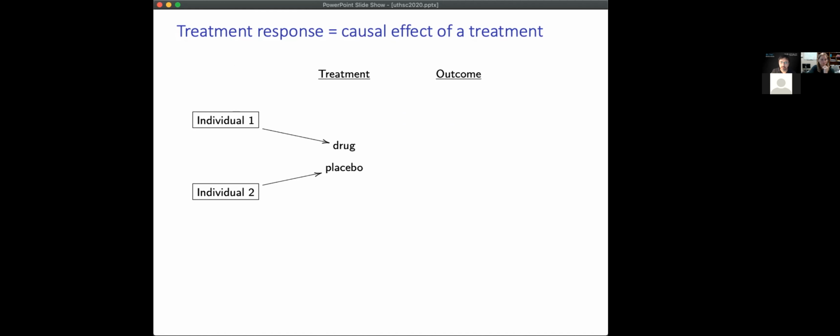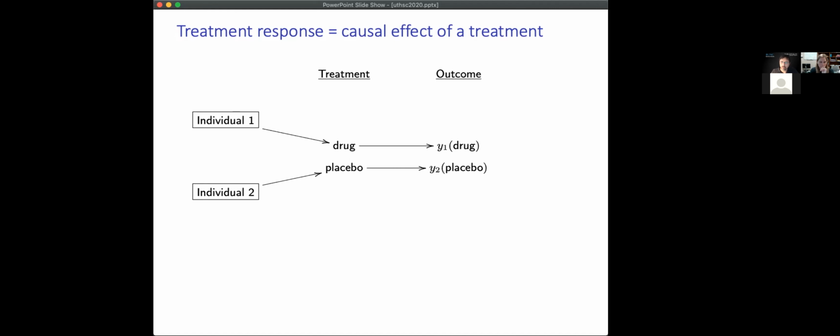And we measure the outcome for individual 1, let's just call that Y1, and the outcome for individual 2, Y2. What I'm going to do now is label those with drug and placebo, and it'll be clear why I do that.